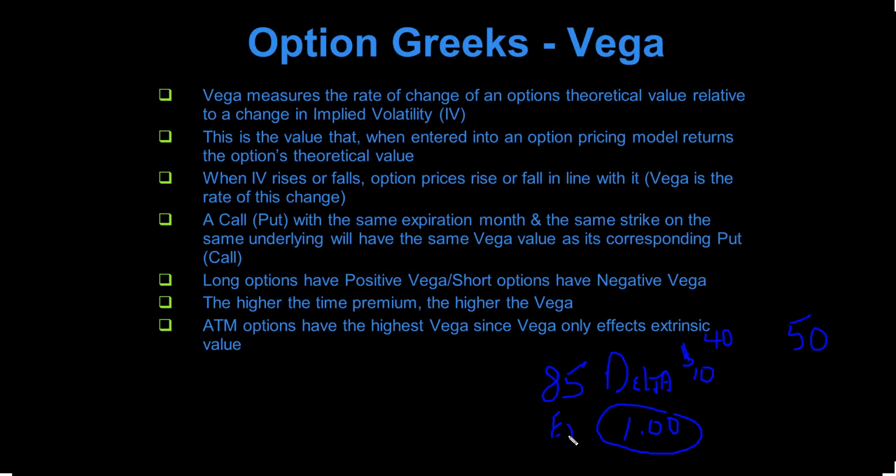That $1 of extrinsic value is the only thing that's subject to Vega and Theta, not this $10. This $10 is what it is. It does not vary. Volatility can go up 5-fold, that stays the same. But this will go up or go down. So the resulting combined value will go up or go down, but this piece does not.